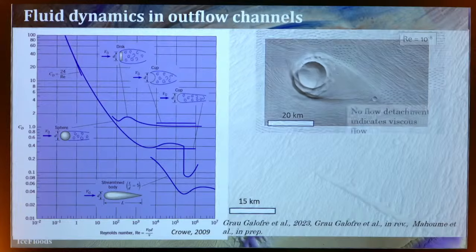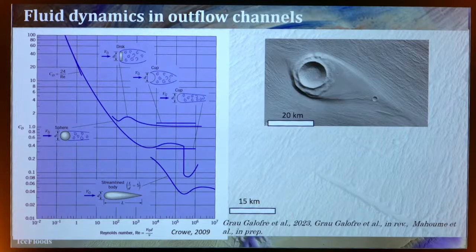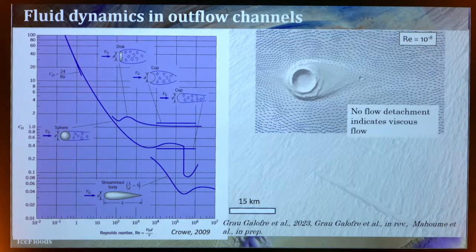But the interesting thing here is that we can take the shape of the streamline objects and actually track what type of flow regime was at the cause of that shape. And in some instances, we can even extract that from the geological record. So in this case, for example, turbulent flow is not consistent with what we see in the geology of this particular bed form, and we do require viscous flow to explain this streamline form.